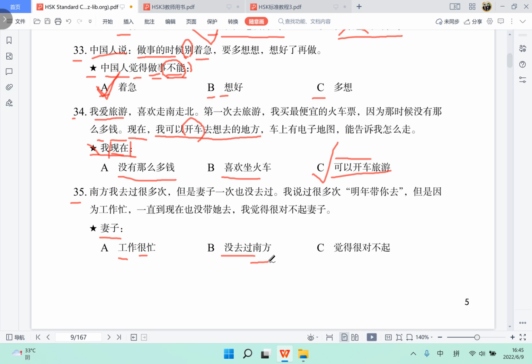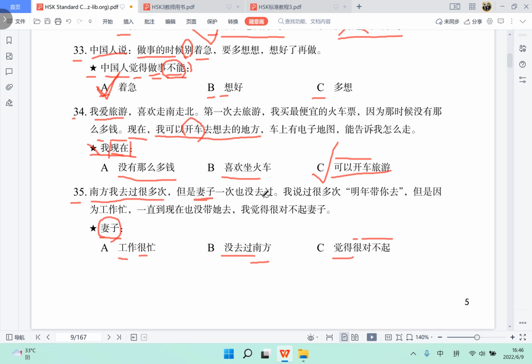So we're looking for the 妻子. We just search this word 南方, so 妻子 here, right? 但是妻子一次也没去过, but the wife haven't been there even one time. Haven't been there one time. So 南方我去过.